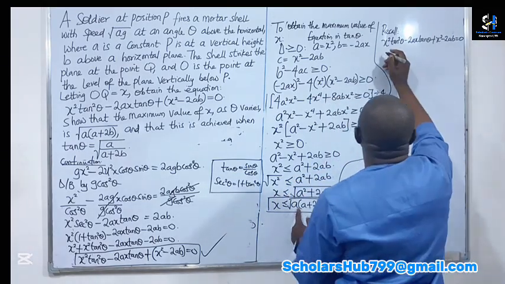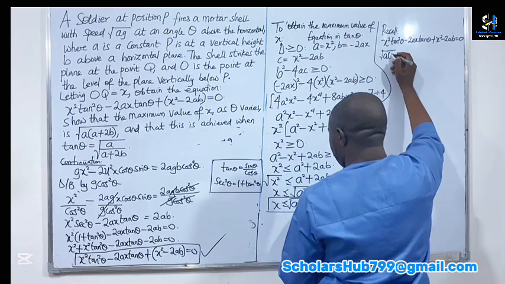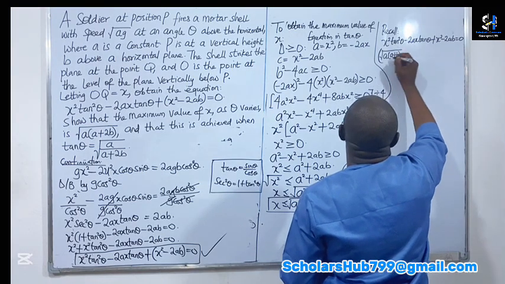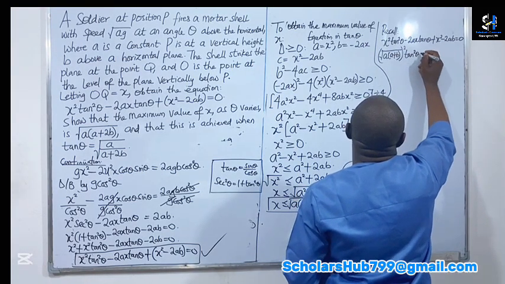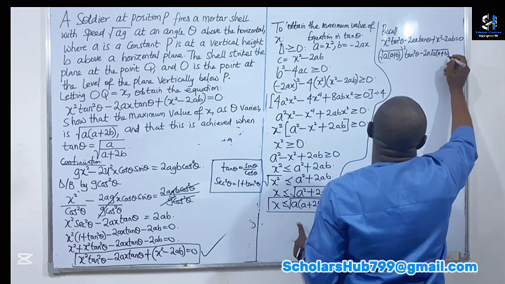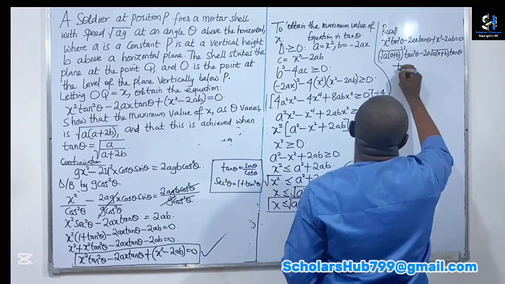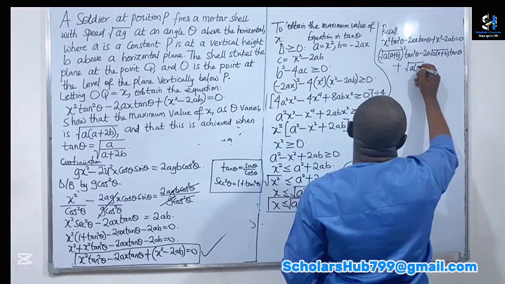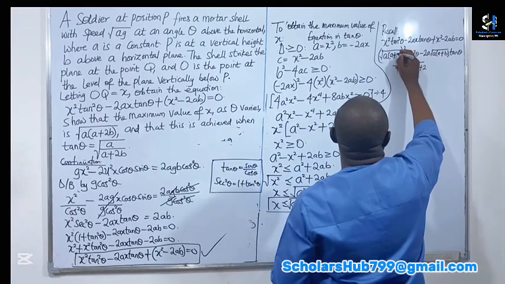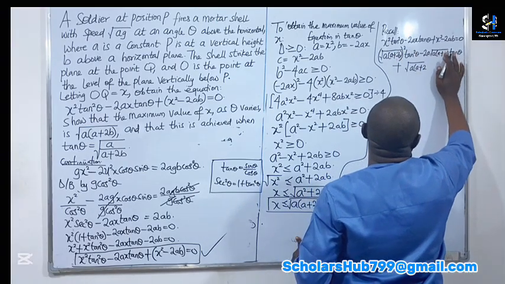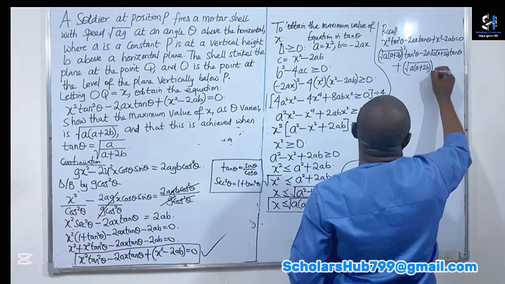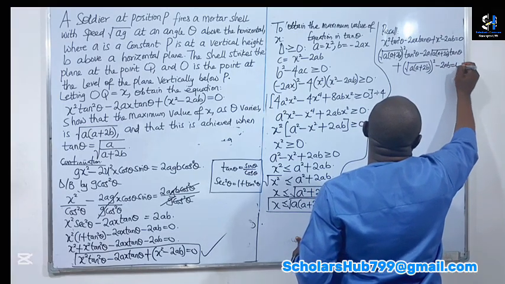Now we have x to be root a into a plus 2b, that's x, then raised to the power of 2 tan squared theta, minus 2a, then we have root a into a plus 2b tan theta, plus again root a into a plus 2b raised to the power of 2, minus 2ab equals 0.